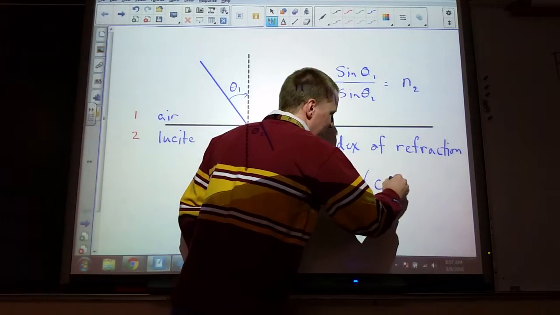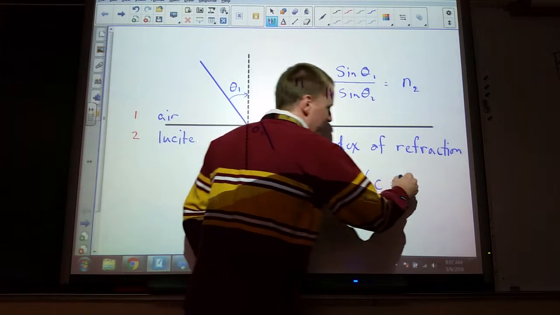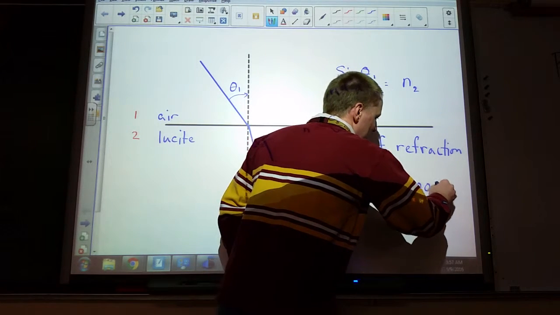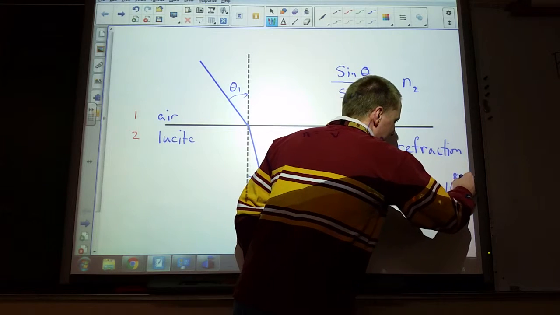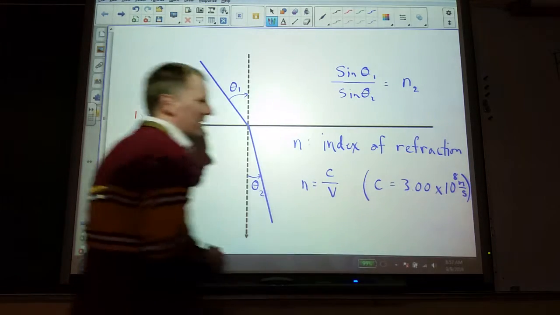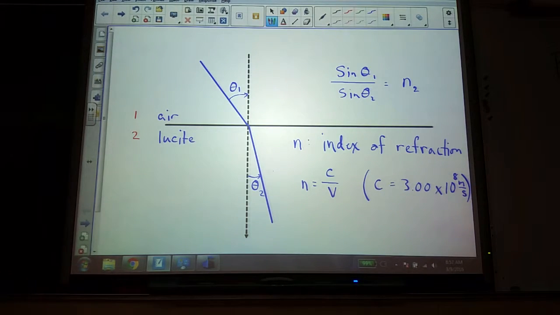And c here, for those of you who were in last year, remember, is 3 times 10 to the 8 meters per second. That's the speed of light in a vacuum. So we always compare it to the maximum speed of light in a vacuum, but light actually goes more slowly in everything else. Even air. Air is very close, but a slight bit slower than the speed of light in a vacuum.